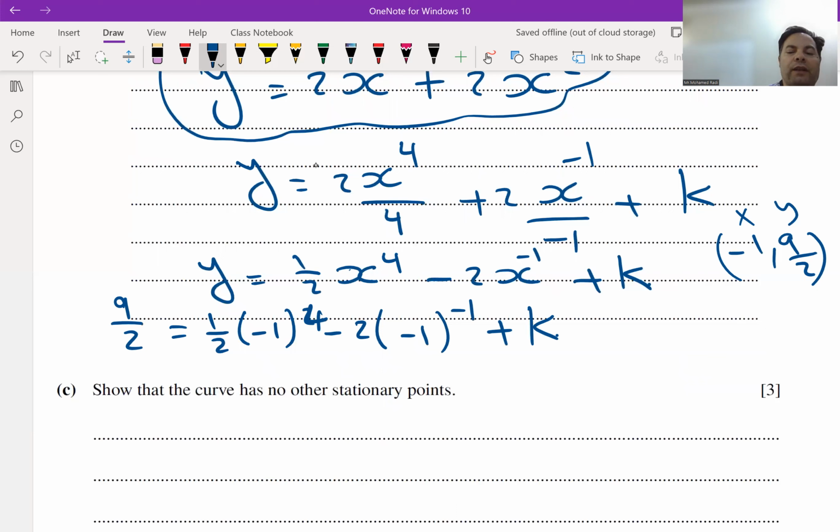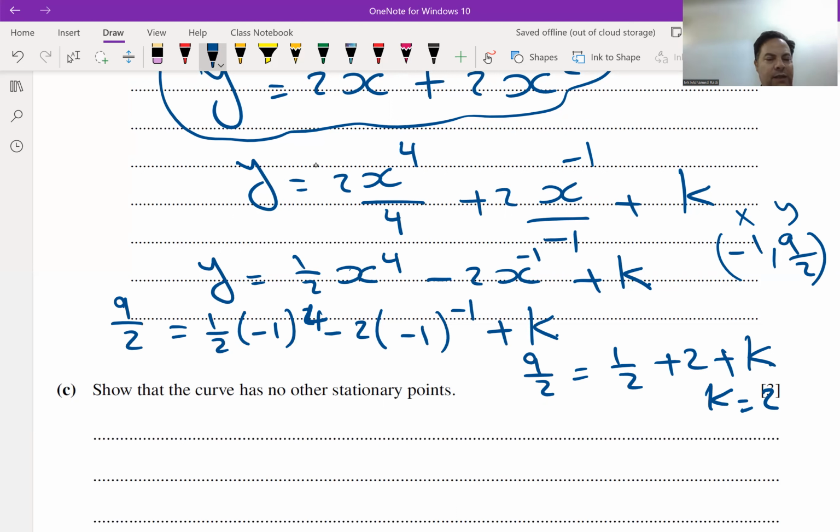Simplify. 9 over 2 is equal to 1 over 2, since (-1) to the power of 4 is 1. So (-1) to the power of -1 will be -1, so negative negative is positive 2, plus k. Simplify your answer. 9 over 2 minus half, it's 4.5 minus half, 4 minus 2, so k is equal to 2.